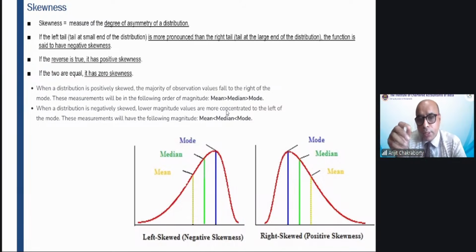So if you see the graph, it is not symmetric. That means it is asymmetric. Asymmetric means not symmetric. But a graph which is a bell shape, you remember we were also explaining different types of curves, 4 curves, I think, if you remember correctly. We had discussed the bell-shaped curve, which is seen as a symmetric curve.